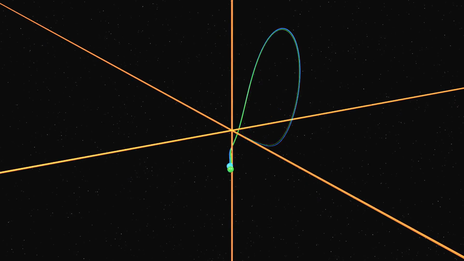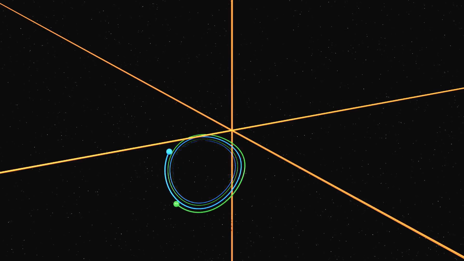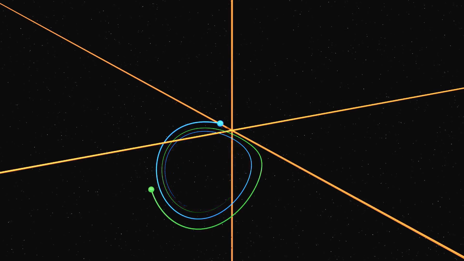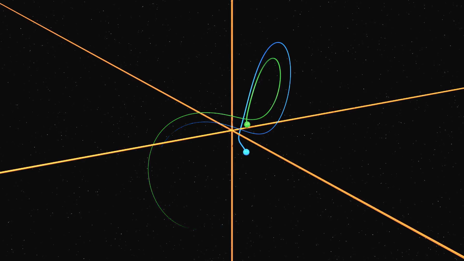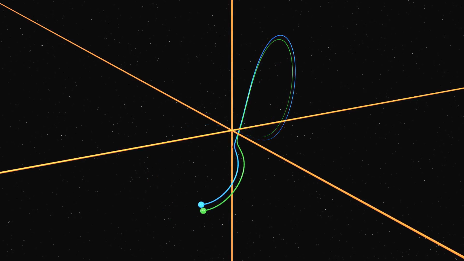But then, they split up significantly. The two atmospheres become completely different. This then is chaos, sensitive dependence on initial conditions.